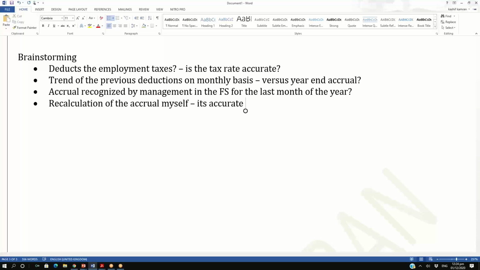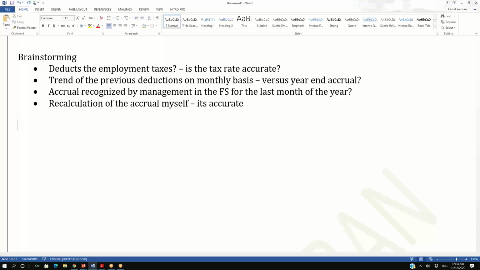If there are unusual fluctuations, I will be discussing with management the reason why the accrual this time is high or low. I will look at the working of the management for accruals, just to ensure that it seems perfect, and I can then recalculate the accrual myself, just to ensure that my working matches with the management working, and that's how things go up with 4 marks.